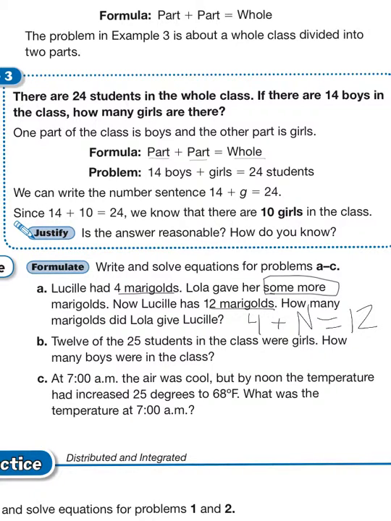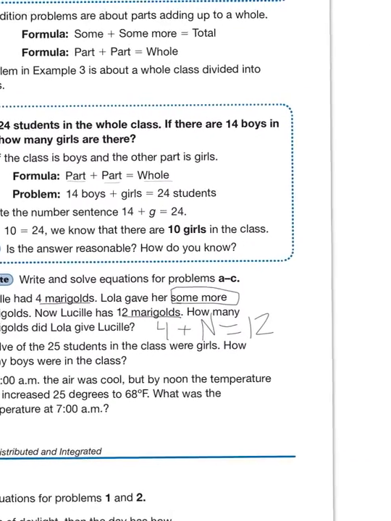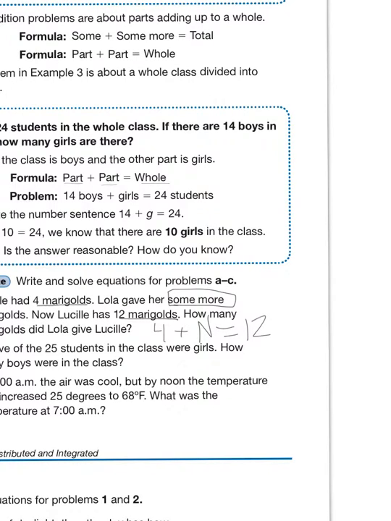And then from there, this just becomes, I need to figure out what I need to do with this equation to figure out how to solve this one. So we would move over to this extra space here, and now we need to look at this. Okay, 4 plus something equals 12. I bet you if I went 12 minus 4, I could figure out what that letter is, and that letter would equal 8.